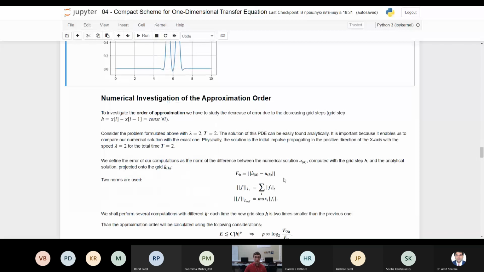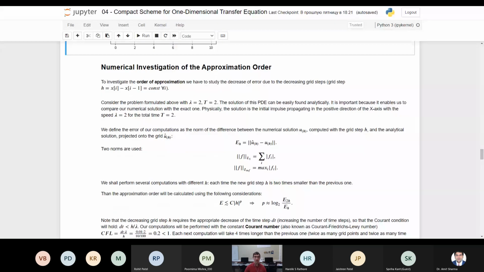So now we can actually investigate the approximation order of the presented scheme, because, as you know, there are many different schemes. You already discussed some schemes on the previous lessons with Vasily Golubev. So there's a question of comparing this scheme to the rest.